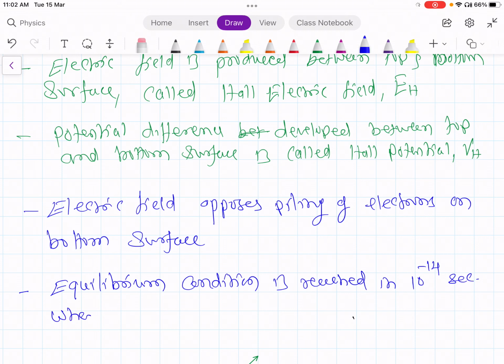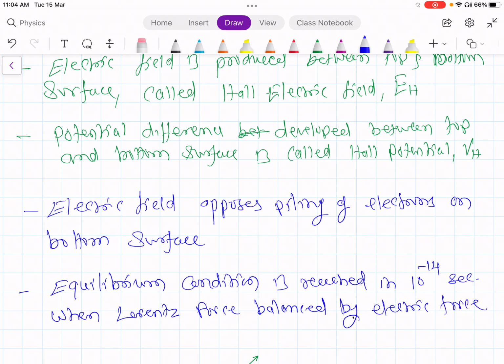When Lorentz force is balanced by electric force, and they are acting in opposite direction to each other, the equilibrium condition is reached.